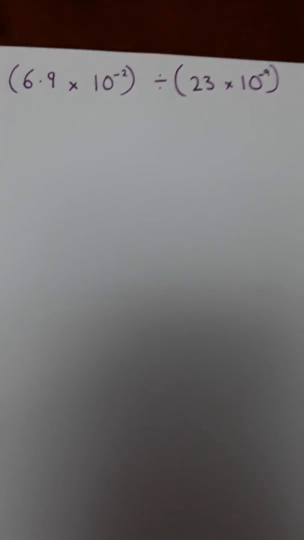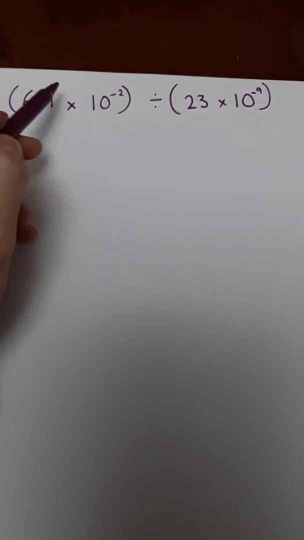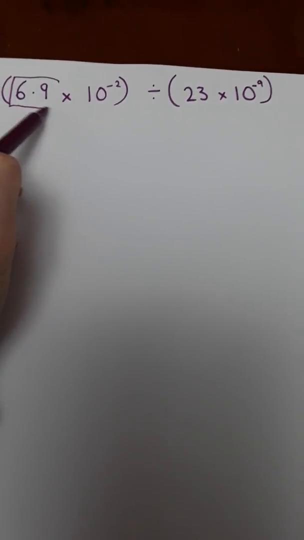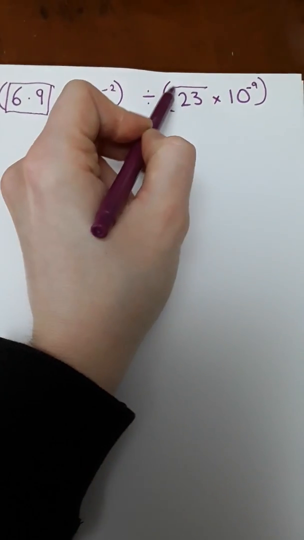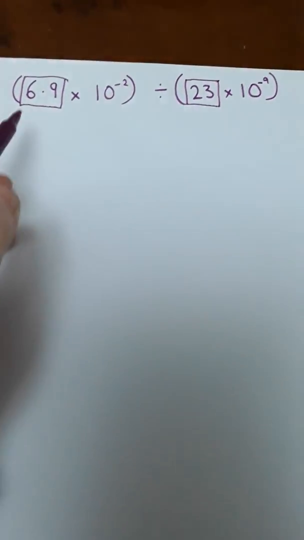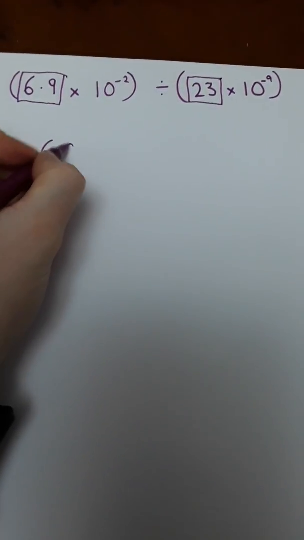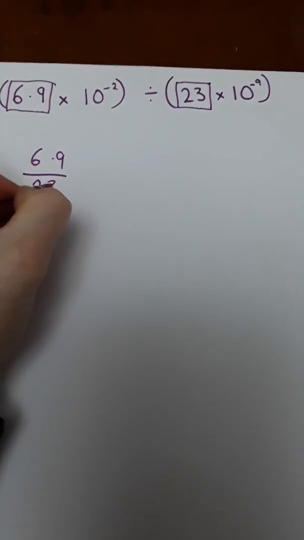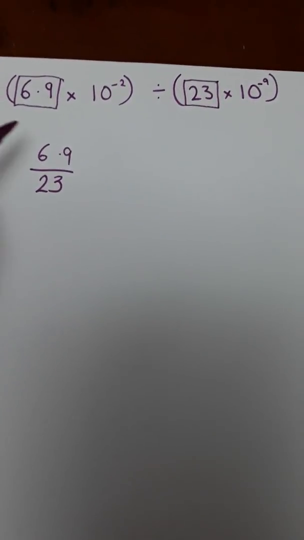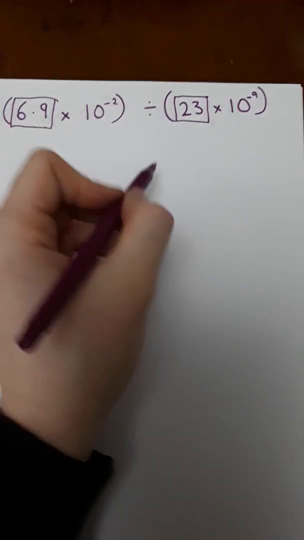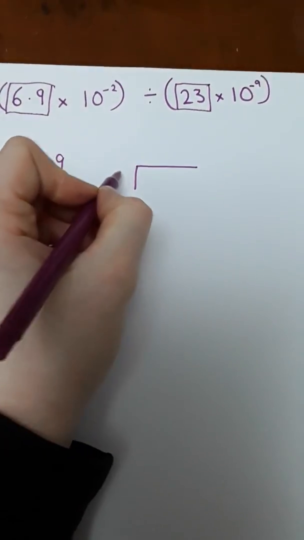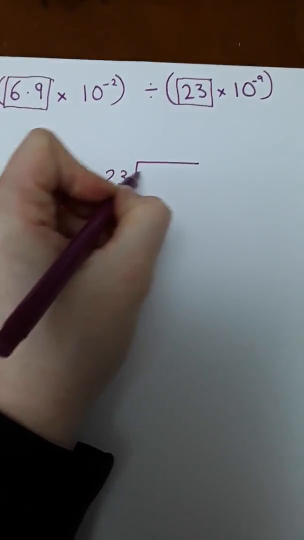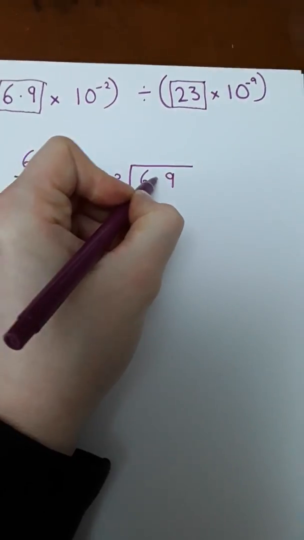So here's an example of a particularly hard one that would catch most people out. What you need to do is first divide this number by this number. So we're going to do 6.9 divided by 23. So I'm going to create a bus stop and put 23 on the outside and 6.9 on the inside.